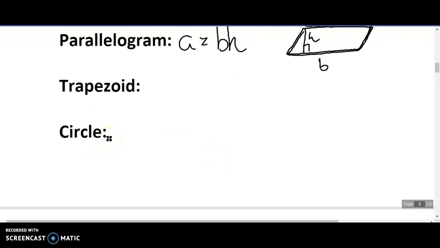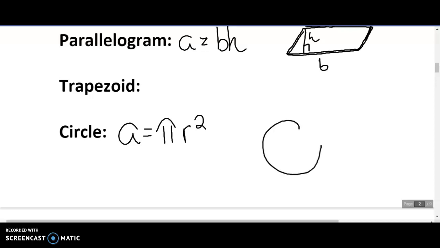A circle is going to be pi times the radius squared. And remember that the radius of a circle is from the middle to the outside, okay? So that's the radius. If you're given the whole thing, which is the diameter, you're going to chop it in half to find the radius, okay?